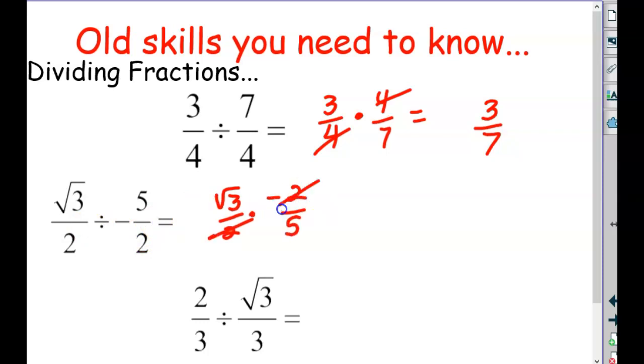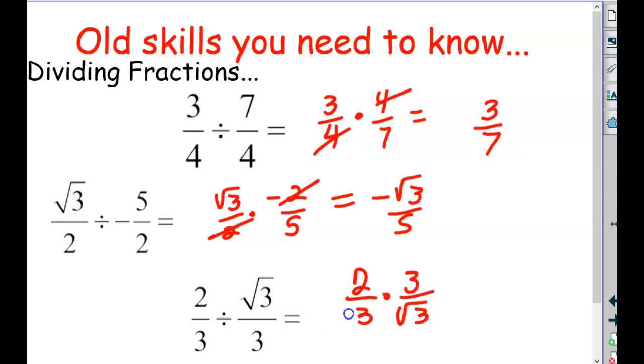The 2's would divide out, right? If this was on the unit circle, it'd be 2/3 times 3 over square root of 3. These would divide out. You get 2 over square root of 3, or 2 square roots of 3 over 3.